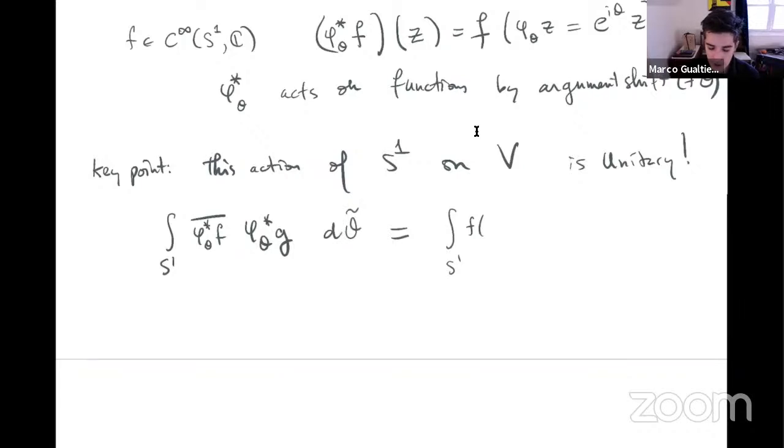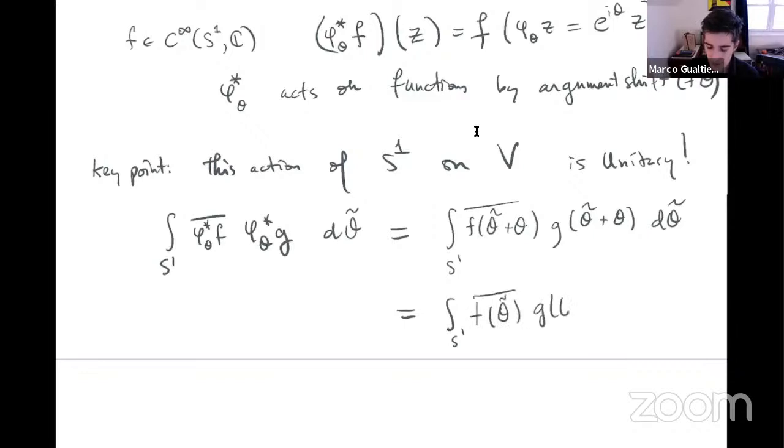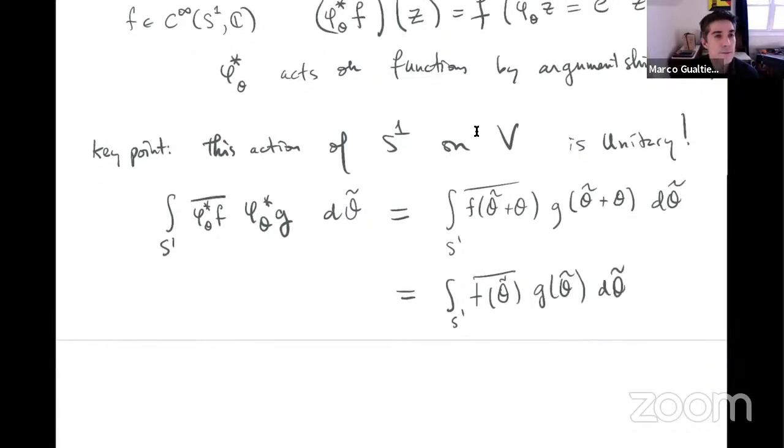So this will be F of θ tilde plus θ, G bar, G of θ tilde plus θ dθ tilde. And this is the same thing, just by doing a change of variable, as F of θ tilde bar G of θ tilde dθ tilde, because θ is constant in this integral.